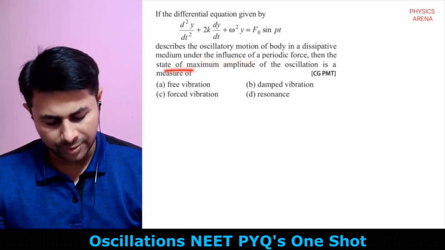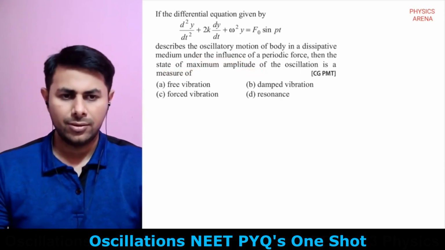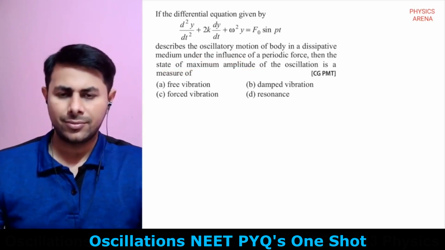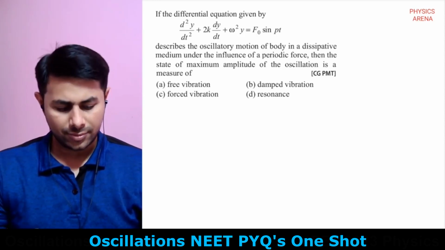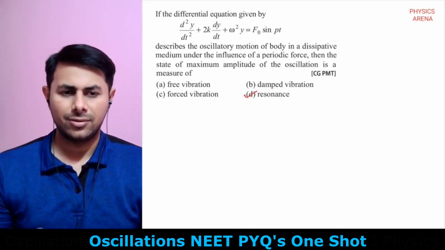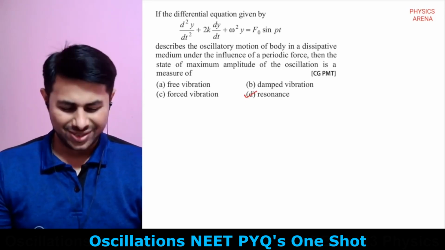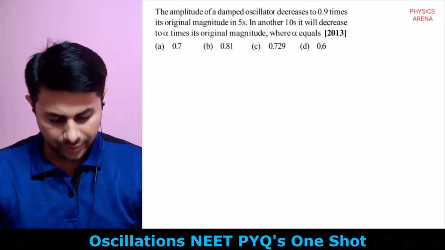Then the state of maximum amplitude of oscillation is a measure of. Tell me. Okay, it's a measure of resonance. Maximum amplitude, right, happens in resonance. Let us see the next question.